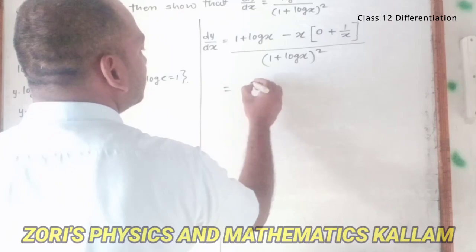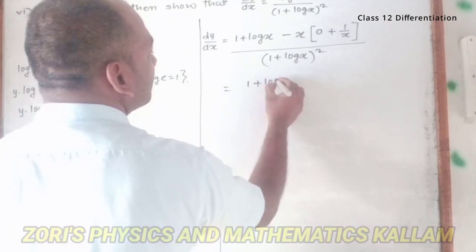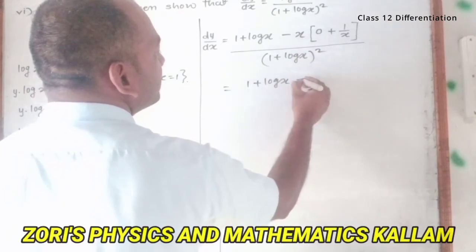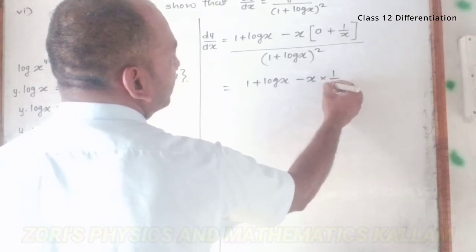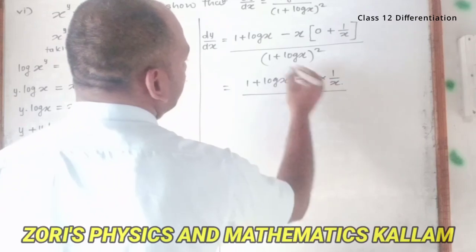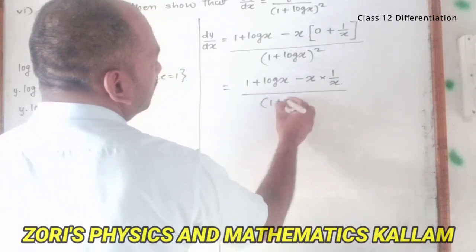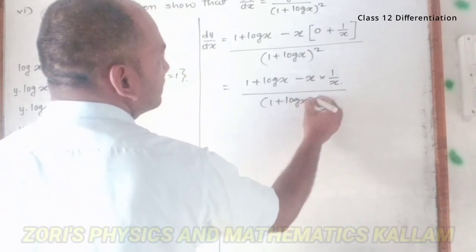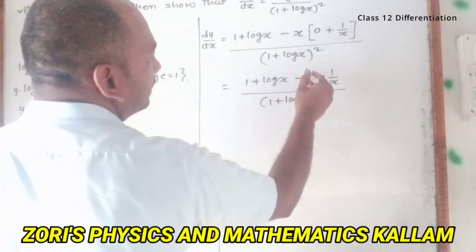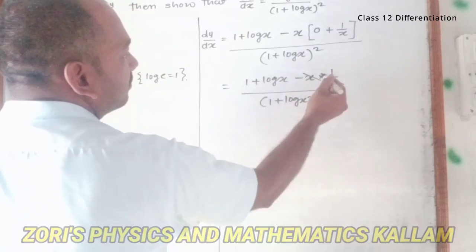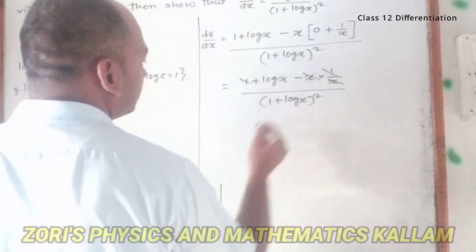Now it is equal to [1 + log x − x · (1/x)] / (1 + log x)². x cancels, and −1 and +1 cancel.